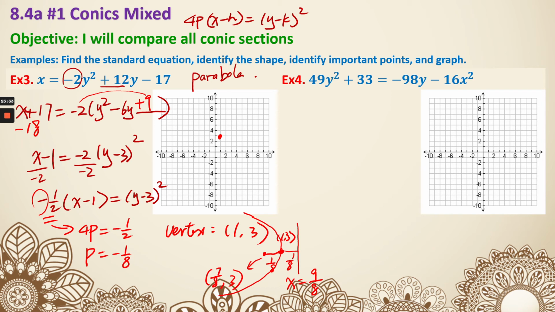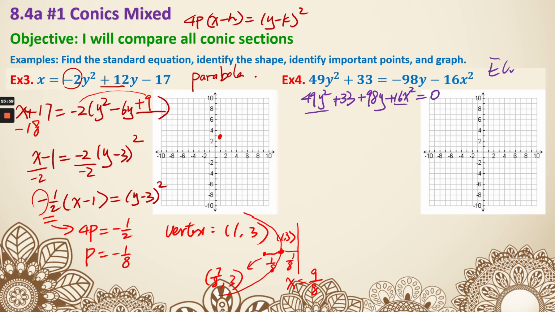Lastly, example 4. Let's move everything to the same side first. 49y squared plus 98y plus 16x squared plus 33 equals 0. And clearly you can see the x squared and the y squared are on the same side and they're both positive, but they have different coefficients.